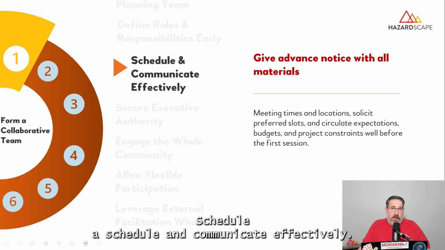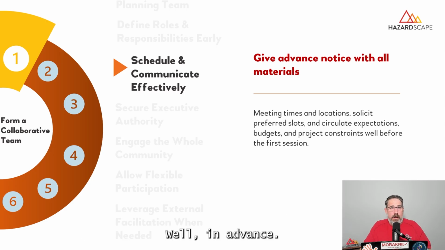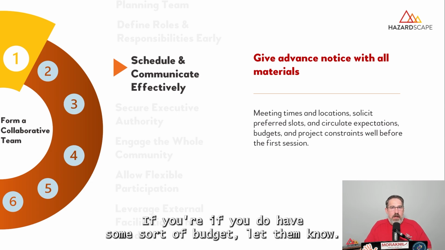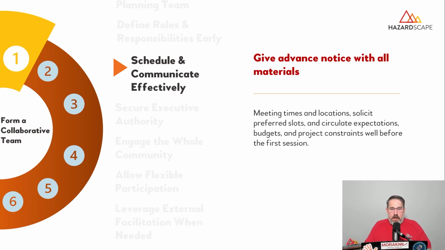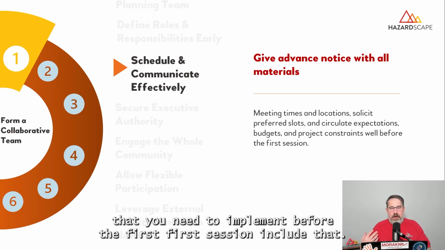Schedule and communicate effectively. And this comes down to even letting people know about meeting times well in advance, getting them the location well in advance, soliciting preferred dates and time slots, circulating expectations. If you do have some sort of budget, let them know. And if there's any project constraints that you need to implement before the first session, include that.